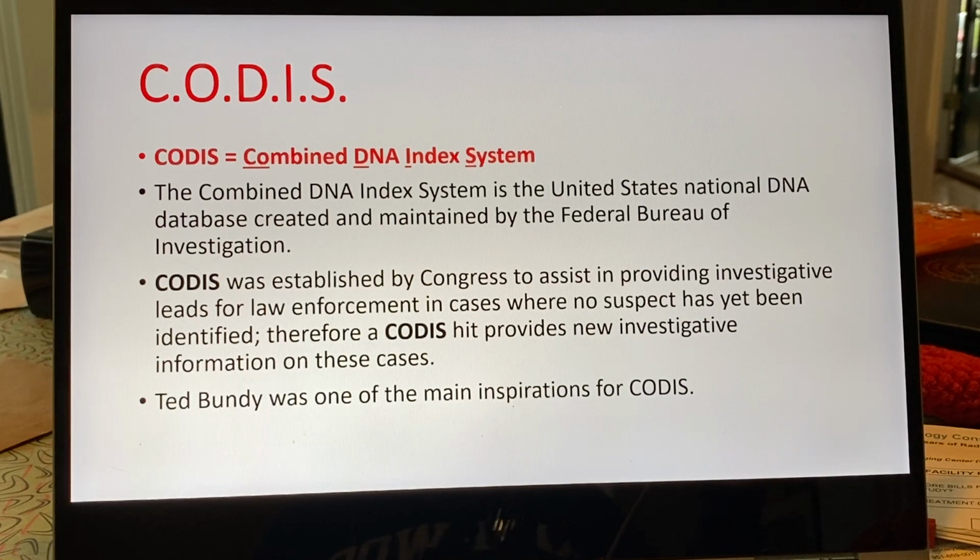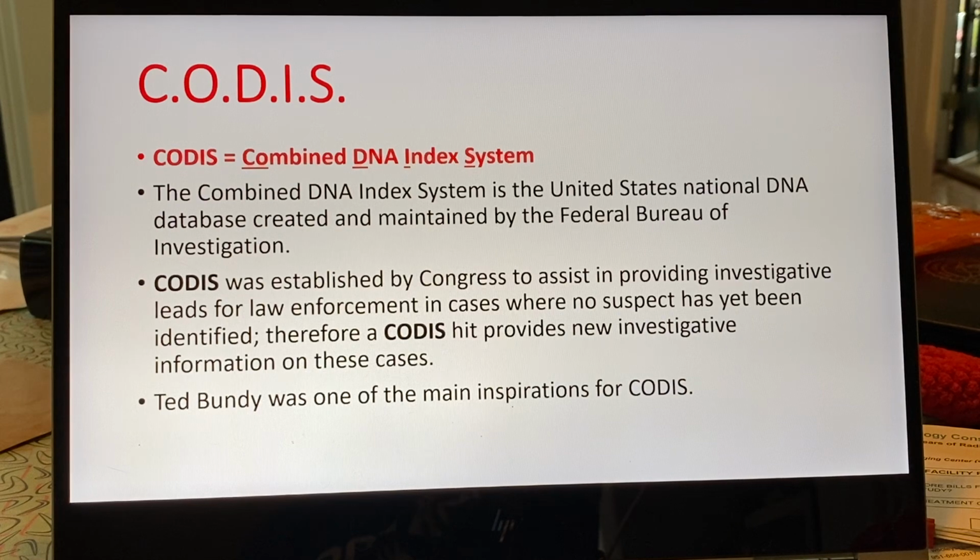So typical citizens cannot just log into CODIS. You have to be an accredited crime laboratory to be able to log into this database. So, very secure software.